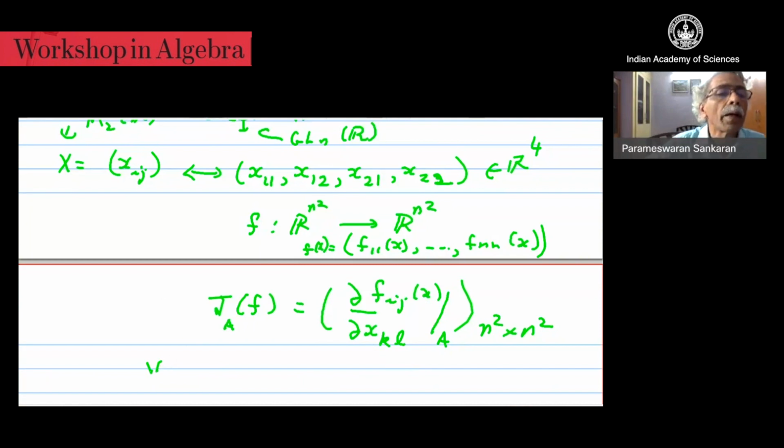Let me write A equals a_ij. After you calculate, this will be a bunch of functions, and you substitute the values of x_ij to be a_ij. That's how you compute it.